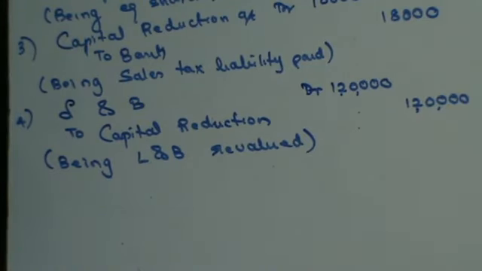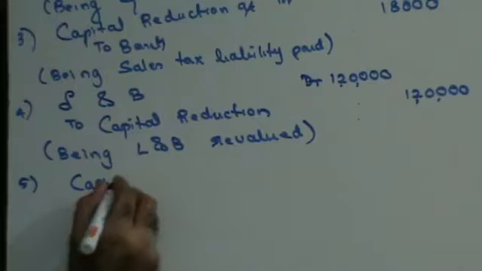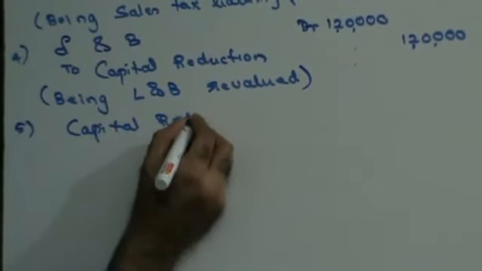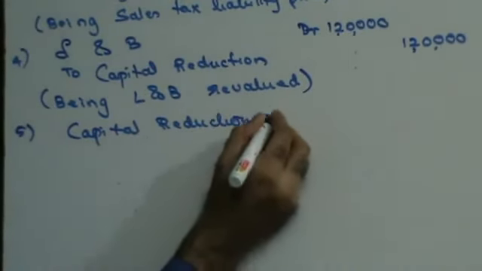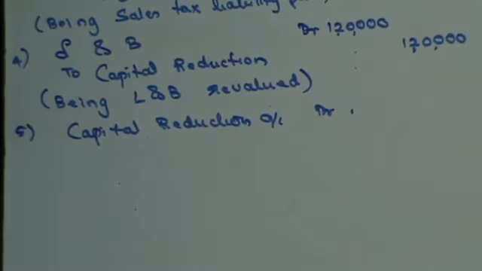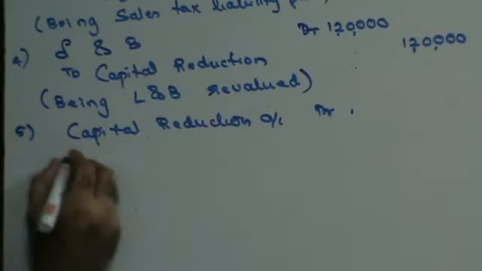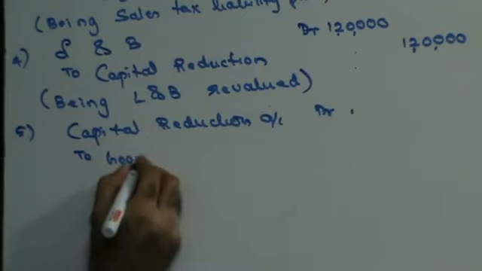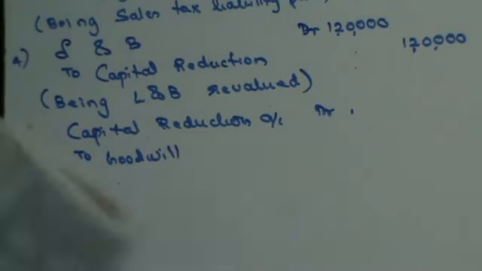Next, they are saying that goodwill is to be written off. Goodwill written off, value of asset going down, so capital reduction account debit to goodwill. Now, guys, listen to this. Whether they specify or no, you always have to write off the fictitious assets. If you look at your balance sheet, you have a profit and loss on the asset side of the balance sheet.